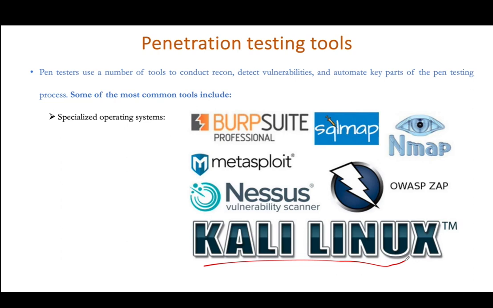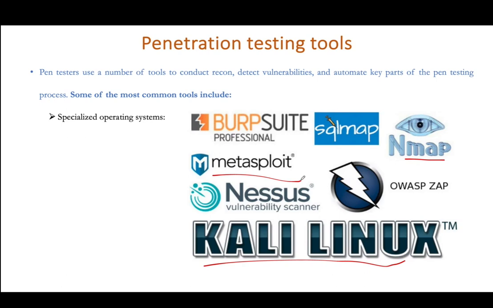It is an open source Linux distribution that comes preloaded with pen testing tools like Nmap, the Open Web Application Security Project (OWASP), or the Nessus vulnerability scanners, and for exploitation purposes, for injecting the payload on the target machine, like Metasploit or Burp Suite Professional. So these are preloaded pen testing tools, and you can also find Wireshark on these.